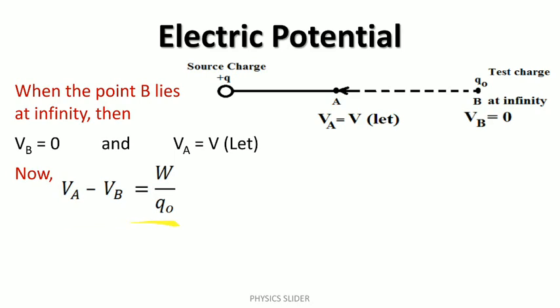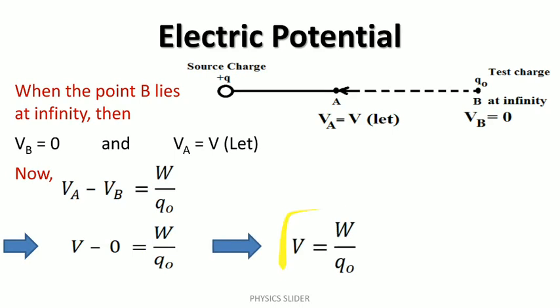In this formula we will put the values VB is equal to 0 and VA is equal to V. So this becomes V minus 0 is equal to W upon Q0, or we can write it like V is equal to W upon Q0. This is the expression for the electric potential, and with the help of this expression we will define electric potential.